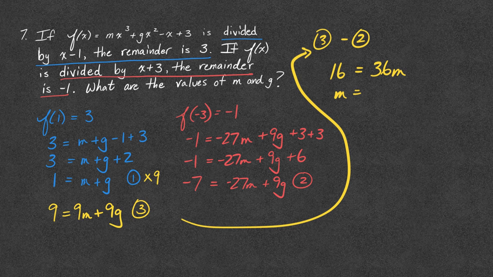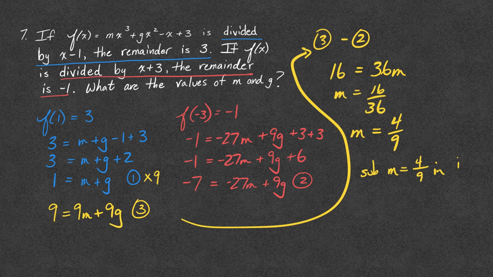Okay, I could go through and maybe I'm dividing that out, but I would love it if we could see that 16 and 36 both have common factors of 4, so I could divide that out and get to an m value of 4/9.